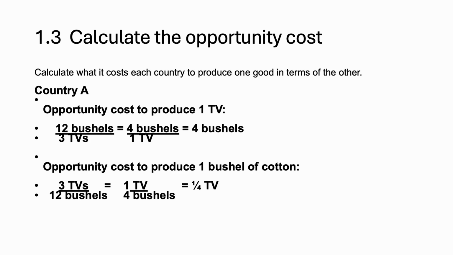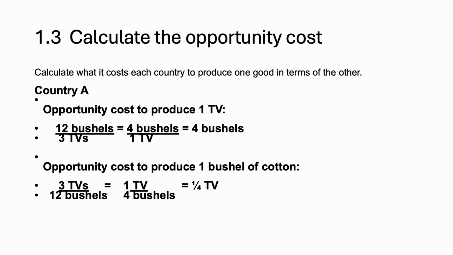To find the comparative advantage, the first thing you're going to do is calculate the opportunity cost for each country of producing one good in terms of the other. So for country A, they can make 12 bushels, or they can make 3 TVs. What you want to do is find out the opportunity cost of making one TV.